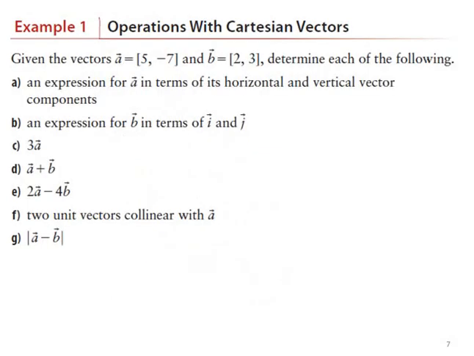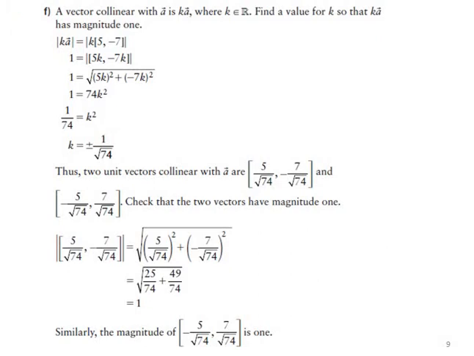Part F says to find 2 unit vectors collinear with vector A, and we have (5, -7). So a vector collinear with A is going to be k times A. Find a value for k so that kA has magnitude 1. So we can say the magnitude of k times vector A has to be equal to 1.